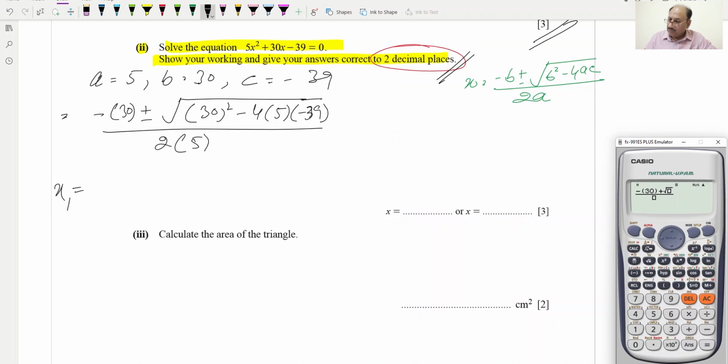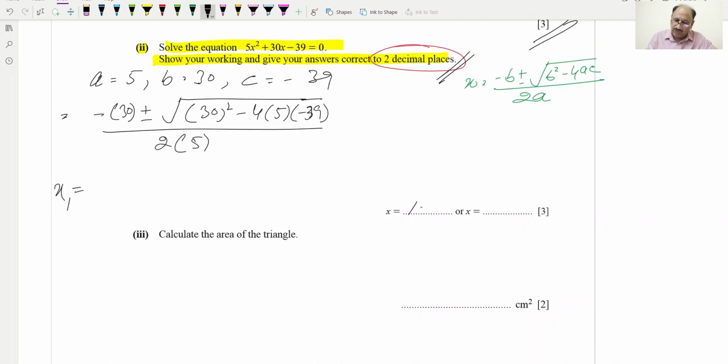Here it will be 30 squared minus 4 into 5 into minus 39, bracket close, and divided by 2 into 5, which is 10. So this is equal to 1.098, which is 1.10 up to 2 dp.